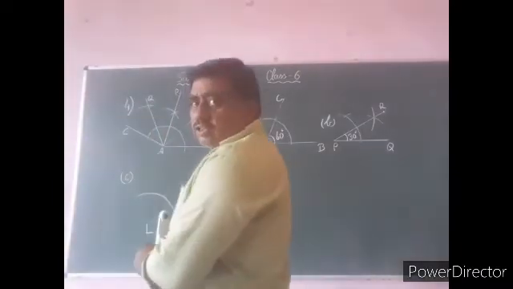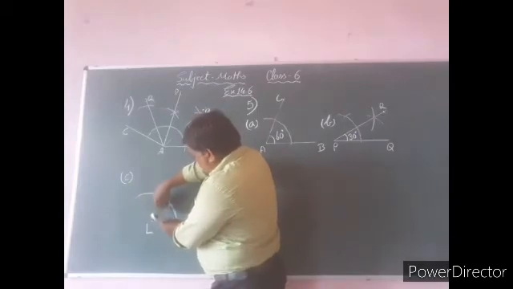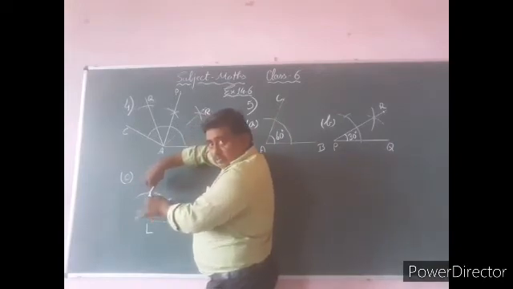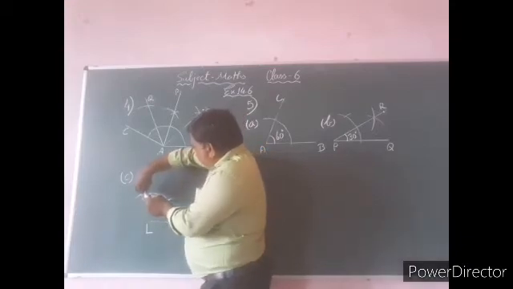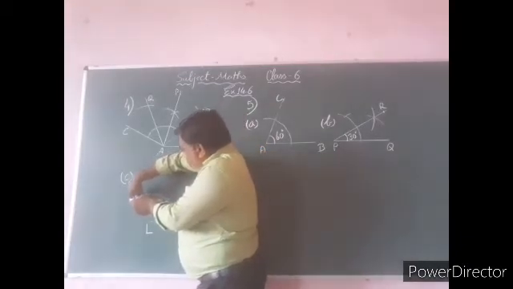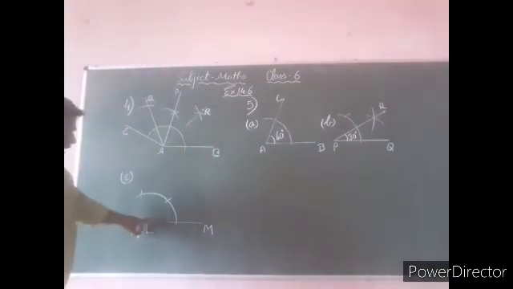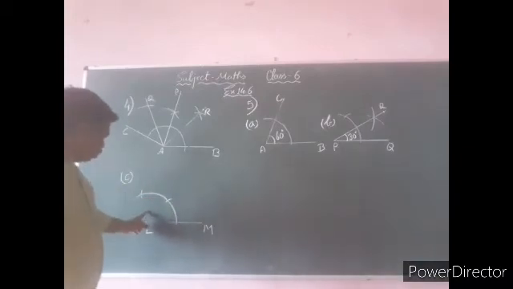Now of the same radius, draw an arc here, and in this point as the center, draw another arc. If you join L with this point, you will get 60 degree angle, and if you join with this, it will be 120 degree.